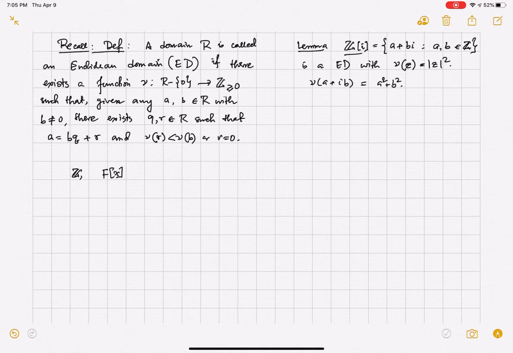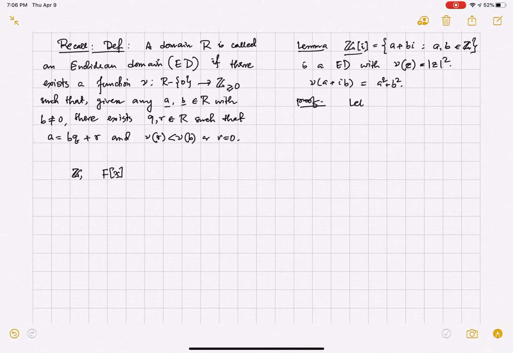So let's see how the division algorithm works in this ring. So you give me two complex numbers. I'll stay consistent with my notes, so instead of a and b here, I'll use z and w.